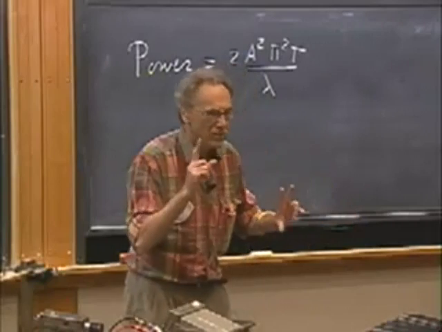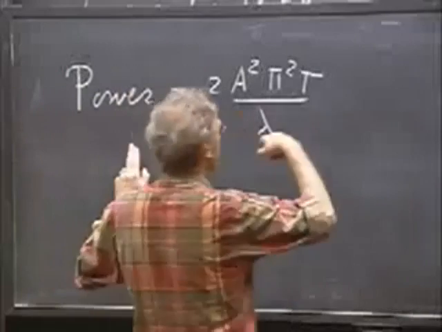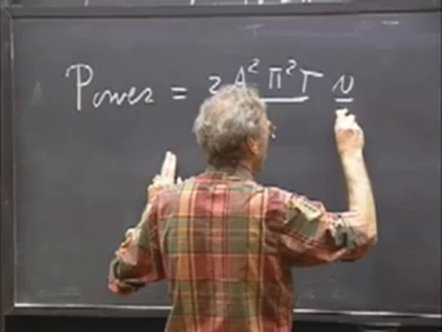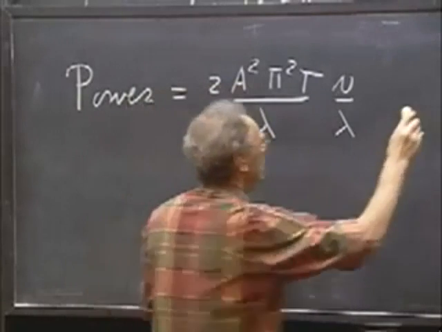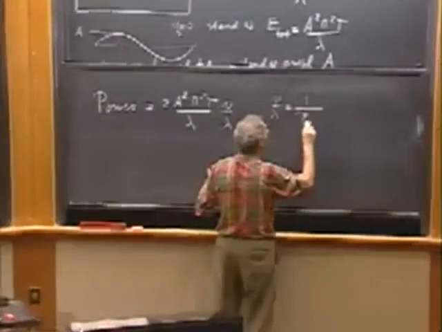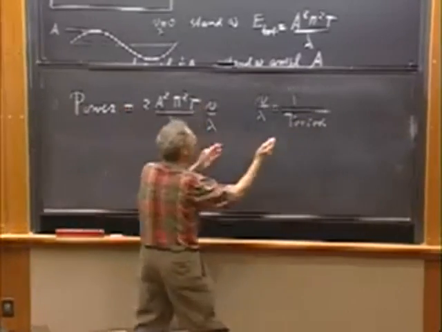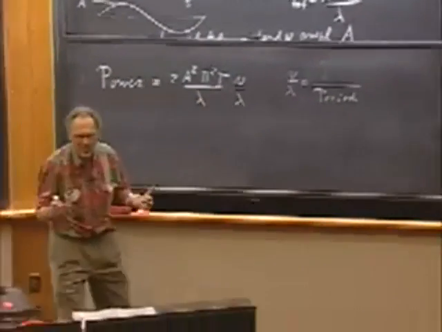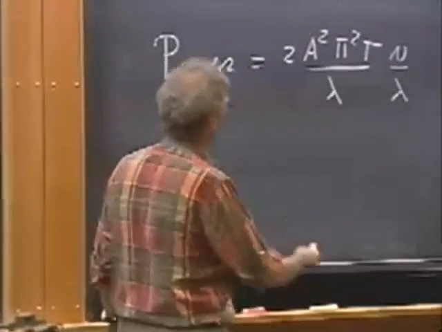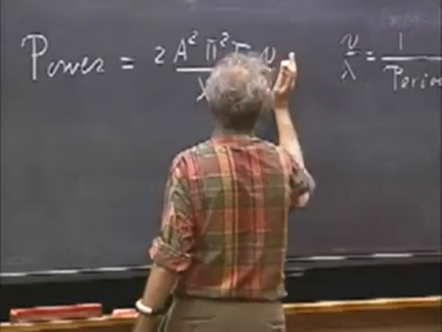And 1 over the frequency is v divided by lambda. So the power is simply the energy that I'm generating, and v divided by lambda is 1 over the period of one oscillation. Energy divided by the time that it takes to make one oscillation is by definition power. And so then you get the result here, you get a lambda squared here, and you get a v there.